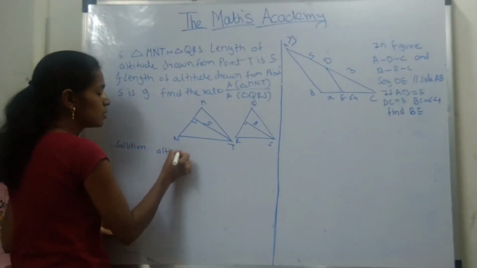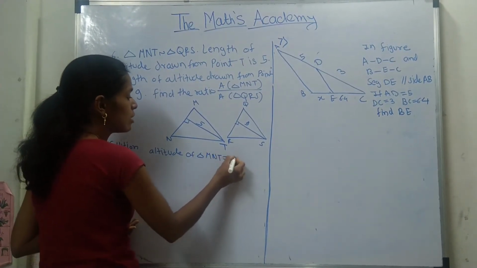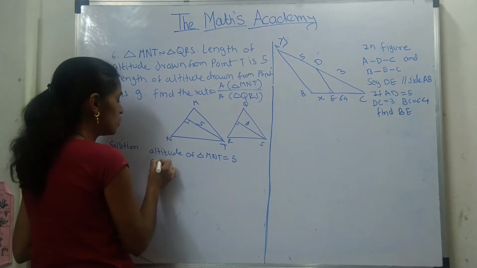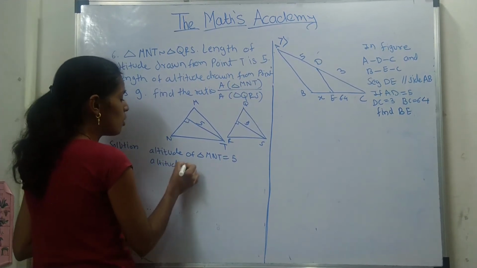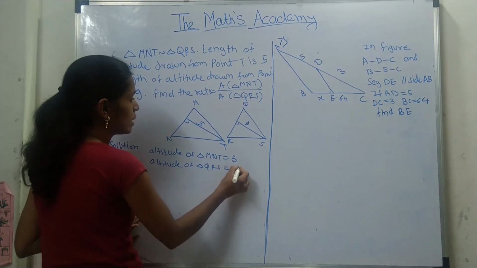Altitude of triangle MNT is equal to 5. Altitude of triangle QRS is equal to 9.